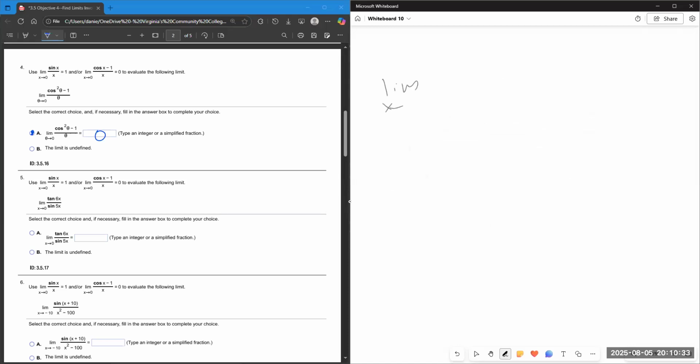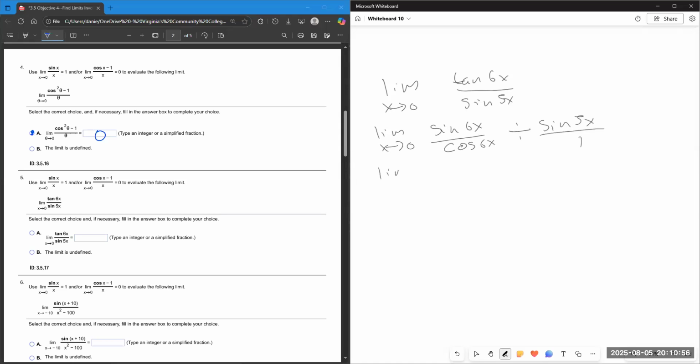Limit as x goes to 0 of tan 6x over sine of 5x. Limit as x goes to 0, sine 6x over cosine 6x divided by sine 5x over 1.